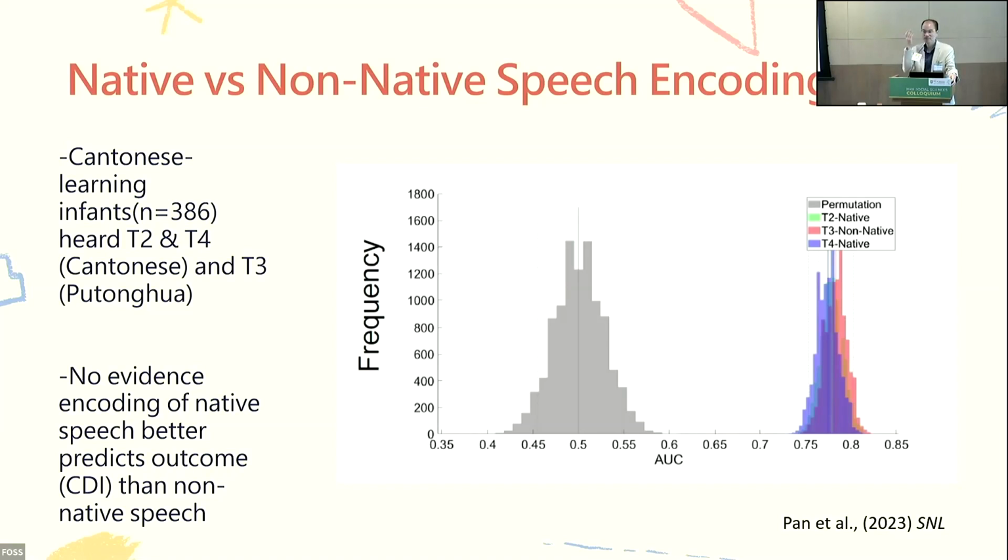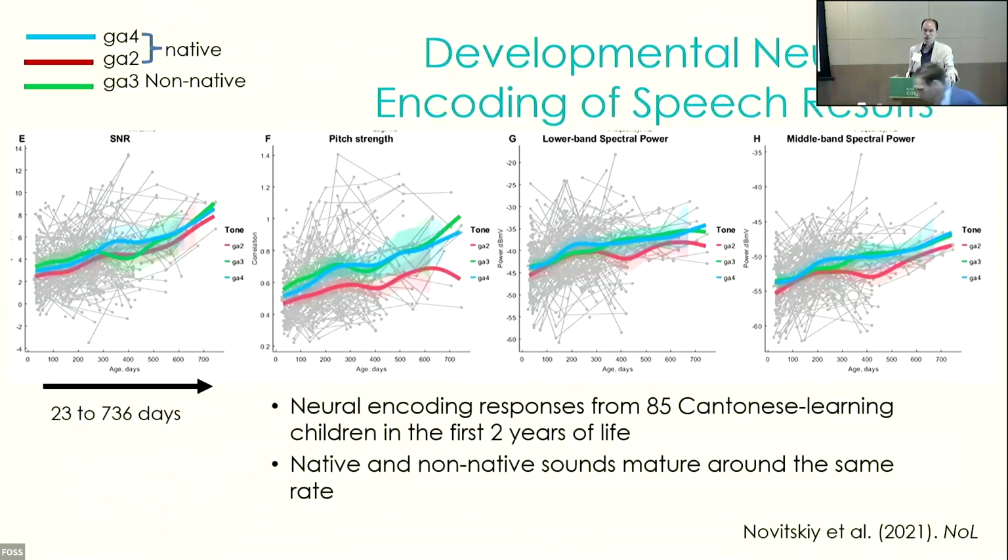Perhaps the job of the cortex is to help differentiate whether or not this is a native speech category or non-native speech category. Subcortically, we only need to measure how well those neurons respond to speech, regardless of what kind of speech the child is listening to. Okay, so I think it's helping us to rethink how the brain processes native and non-native speech and what that might mean to language development.